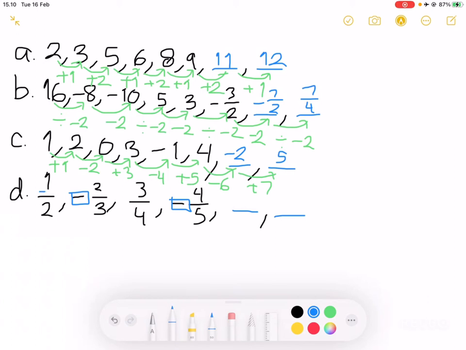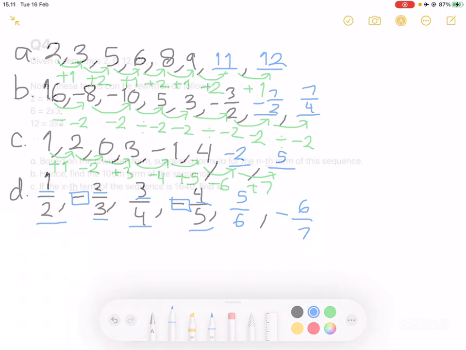So the numerator increases, and then the denominator increases, and the next term will be positive, because after negative you get a positive, and this will be positive 5/6. And then the next we know it will be a negative, it will be -6/7. So that's it for question 3.